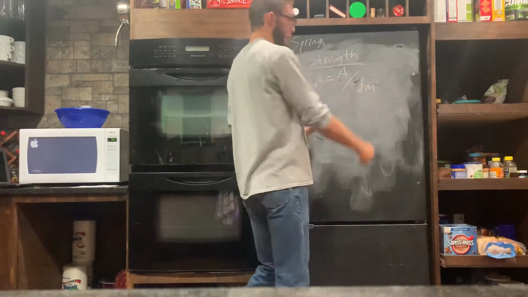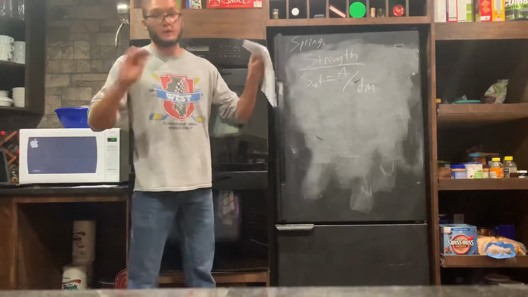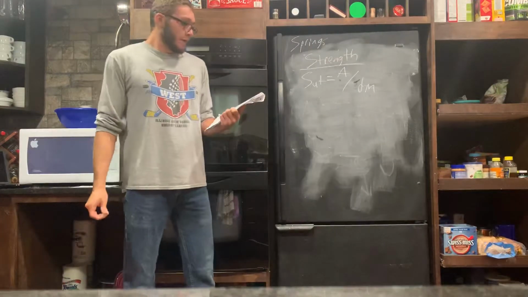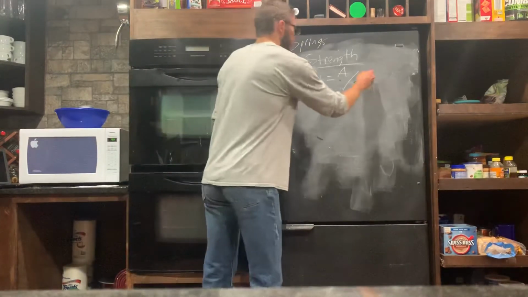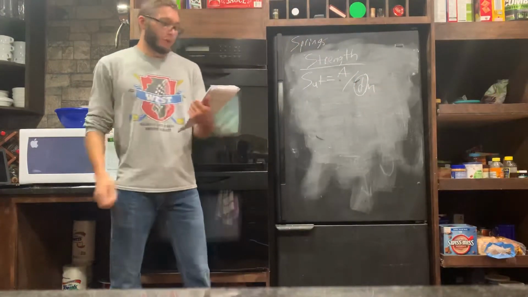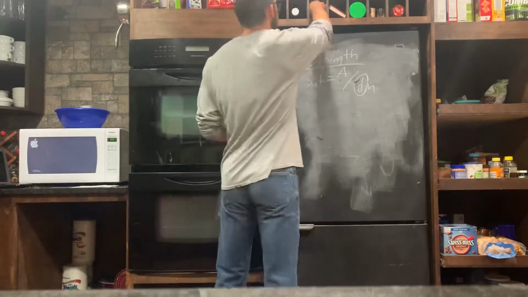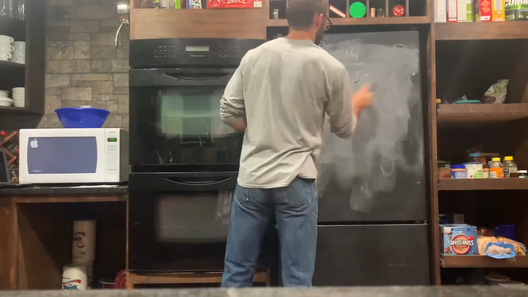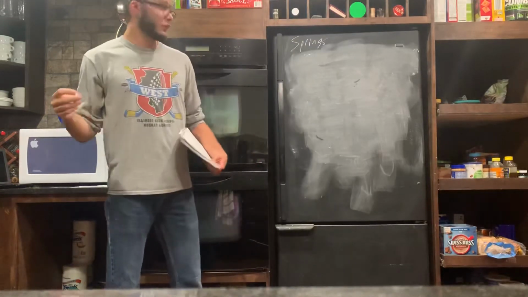A and m are both found in the tables we talked about earlier, the open-ended and so on. So all you're going to have to know outside of that is the coil diameter. Those are the four main things you need to know for designing a spring.